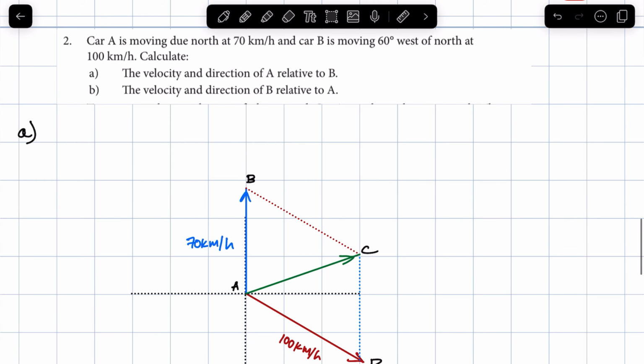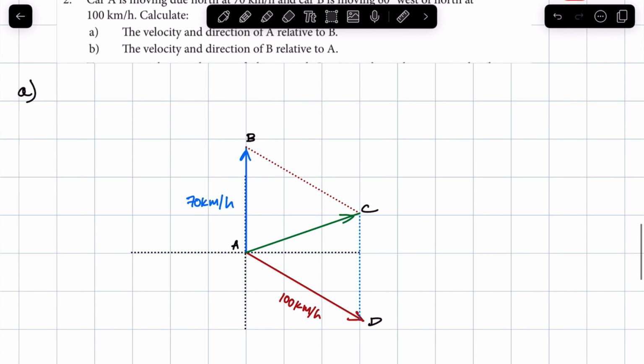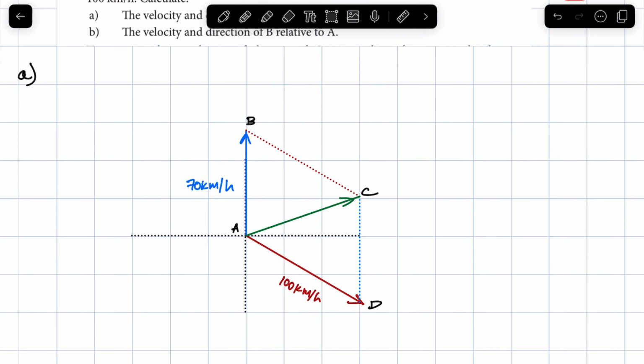Now let's look at calculating the velocity of A relative to B. So first let's work out the angles that you've been given. Now we know that this angle is 60 degrees. This 60 degrees alternates with this angle, meaning you have 60 degrees there as well.